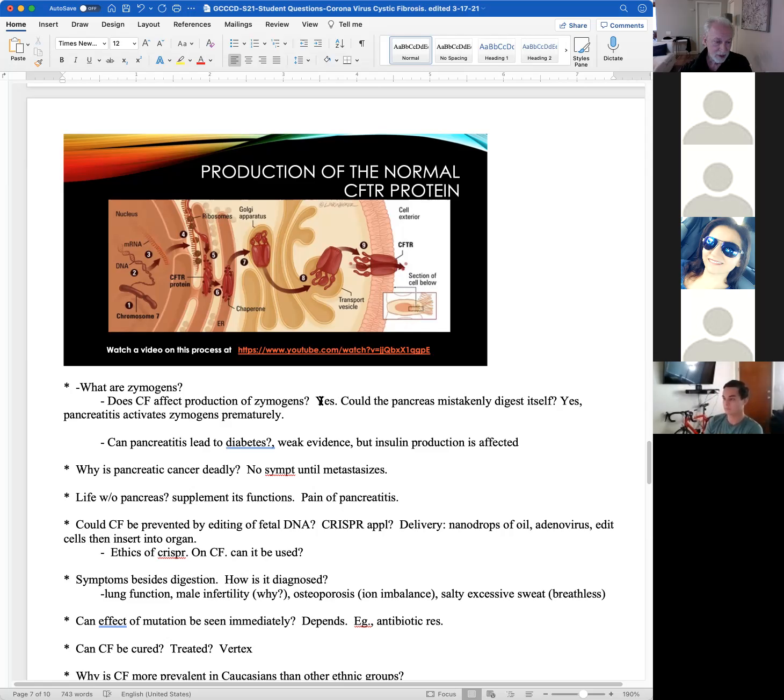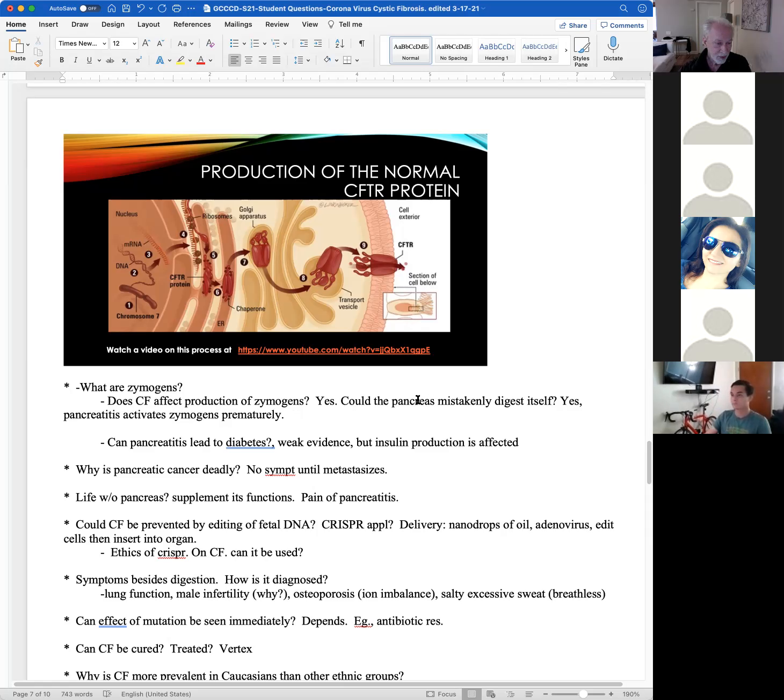So the zymogens end up going into the small intestine, into the duodenum, and it's there that they're activated into active proteases and can participate in digestion. So cystic fibrosis causes pancreatitis, which is an inflammation. And that's what activates the zymogens prematurely, and that can have a very bad effect on the pancreas as an organ.